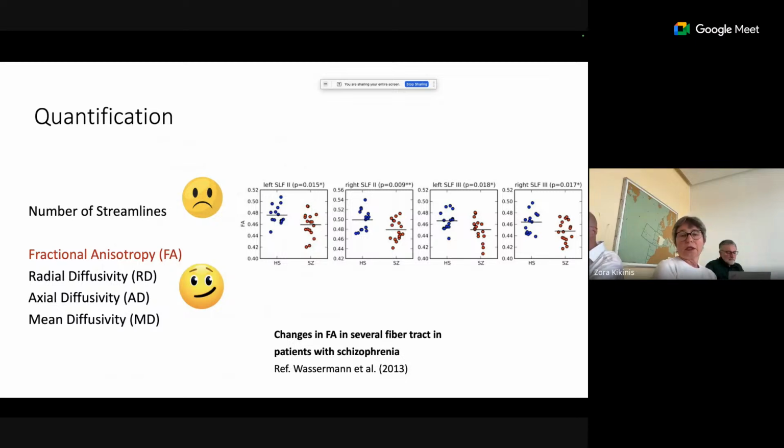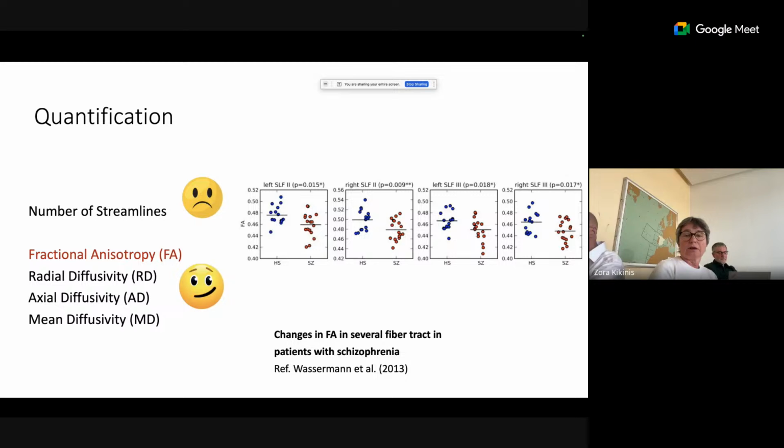And so, for instance, in this example that I have here, we can use it to compare the brain white matter of people that are healthy and people that have schizophrenia. In this example, the sample in blue are healthy people, and when you compare the red dots, these are results from people with schizophrenia.